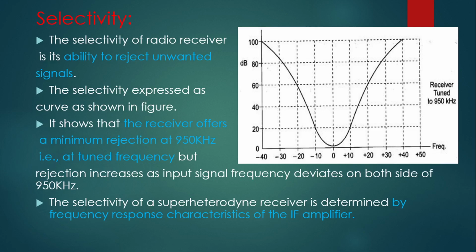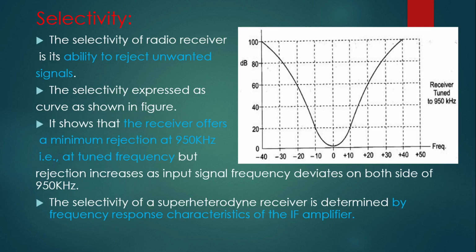What is fidelity? Fidelity is the ability of the receiver to reproduce all modulating frequencies, which are basically the audio frequencies, equally well. It means fidelity is related with the modulating or audio frequency. And what is the block related with audio frequency? It is the audio frequency amplifier.